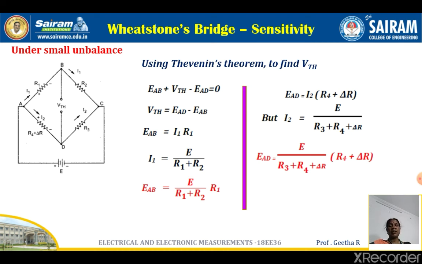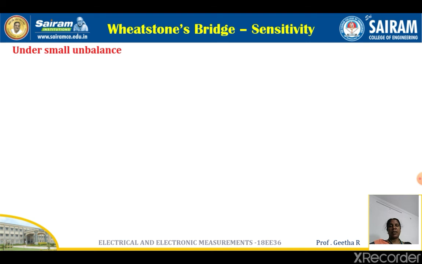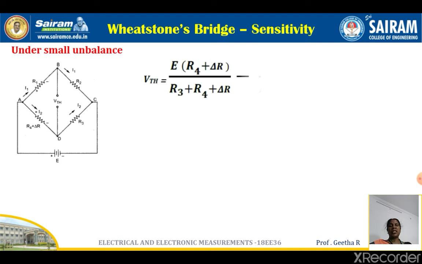V Thevenin is EAD minus EAB, with the VAB and VAD values substituted here.